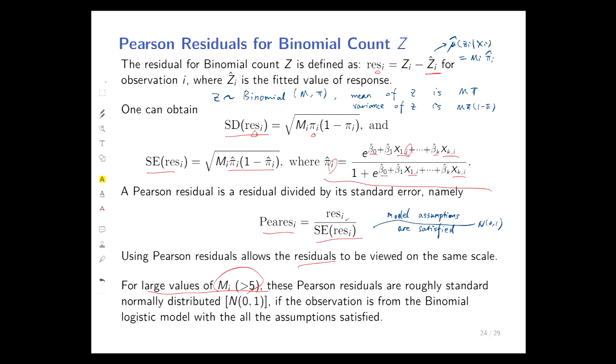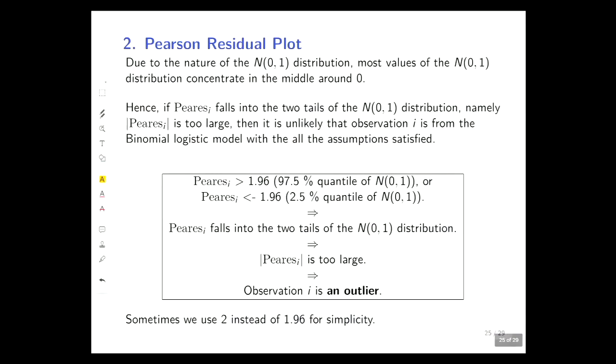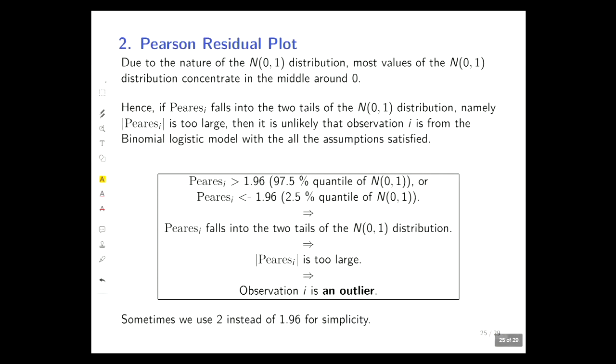If you still remember the nature of the normal distribution, most values concentrate in the middle, around 0. So if a residual falls into the two tails of the normal distribution, specifically when the Pearson residual is larger than the 97.5% quantile or smaller than the 2.5% quantile, then we say this Pearson residual falls into the two tails of the standard normal distribution.